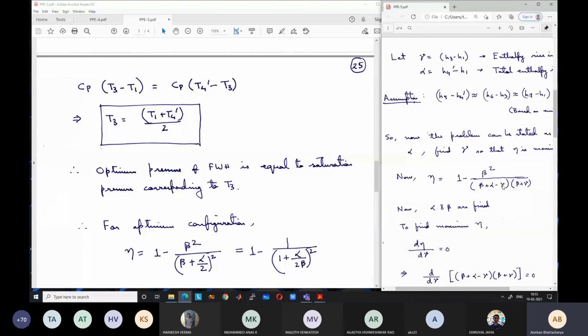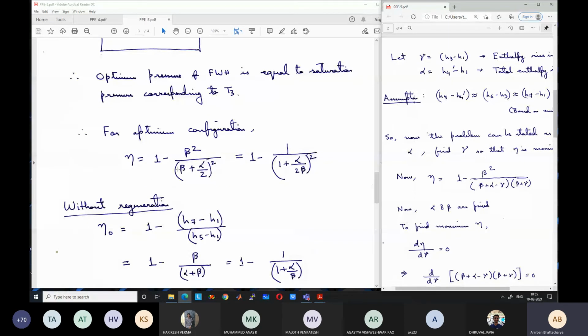So we are left with eta equal to 1 minus beta square divided by beta plus alpha by 2 into beta plus alpha by 2. So 1 minus beta square by beta plus alpha by 2 whole square, or we can write this as 1 minus 1 by 1 plus alpha by 2 beta whole square. This is the efficiency for the optimum configuration, meaning for the maximum efficiency.